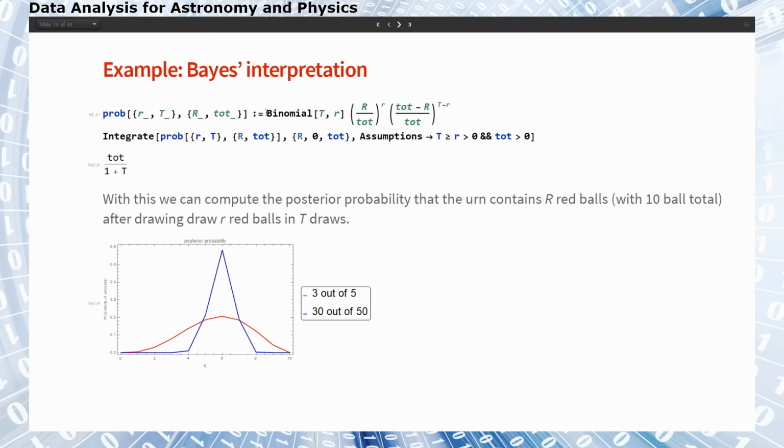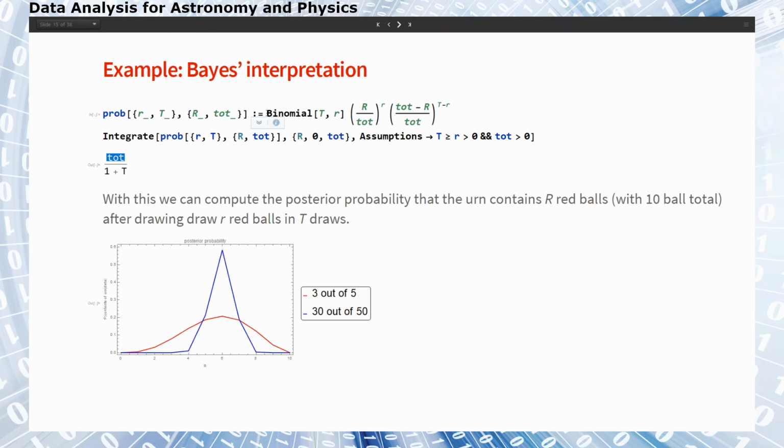Now this is the same expression, and it's actually possible to perform the integral, which is just R plus W, the number of balls in total, divided by 1 minus t, which was the number of draws.